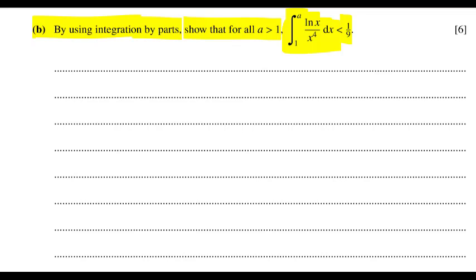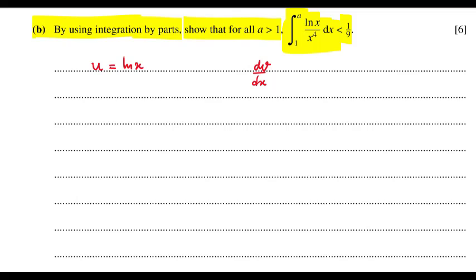So in this case we are going to integrate first of all. Integration by parts is, we are going to divide this into two parts here. So first part we can say u, and another part is dv over dx, so that we can use the formula for it. So first function we have to take ln x.